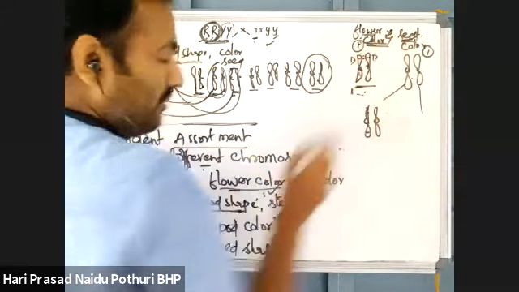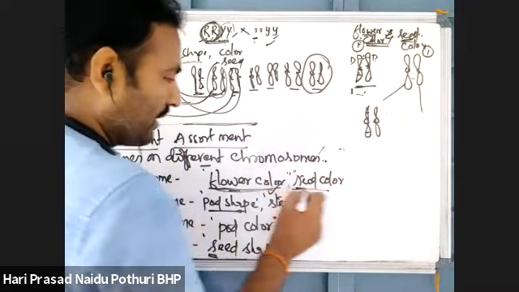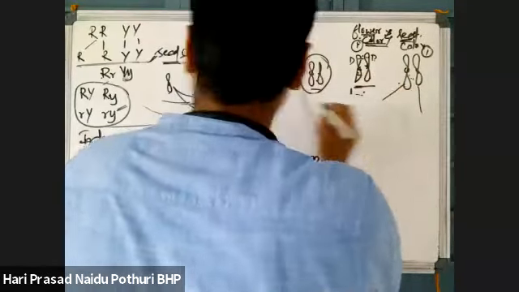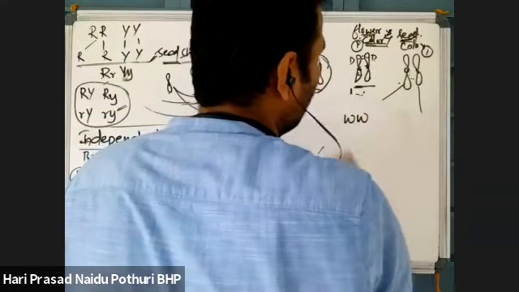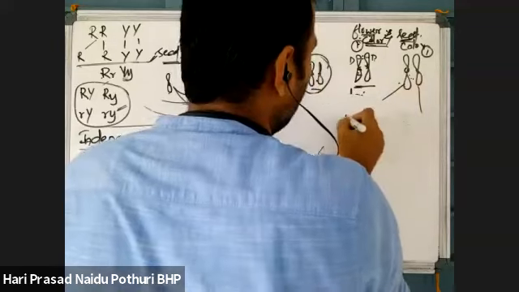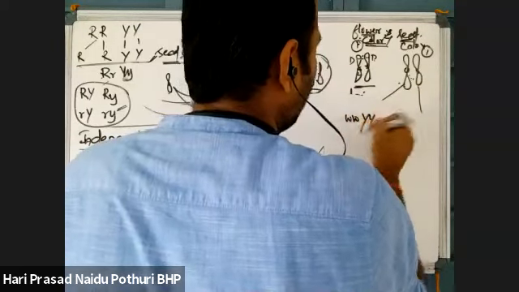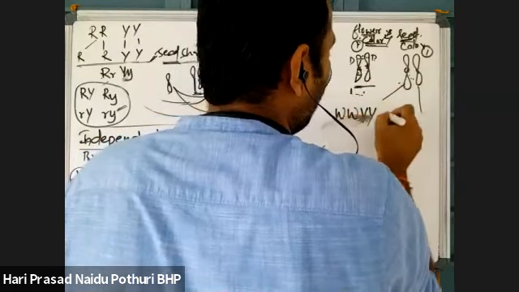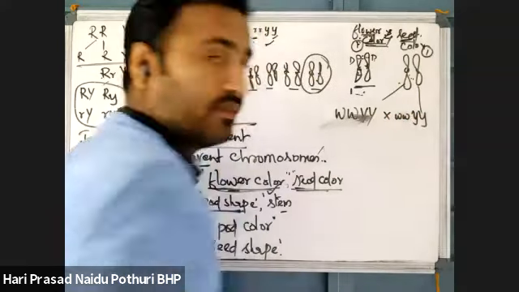But here, a single chromosome has the flower color and seed color characters. Suppose flower color is capital W, small w, recessive, and seed color Y. Suppose W, Y is crossed with small w, small y.